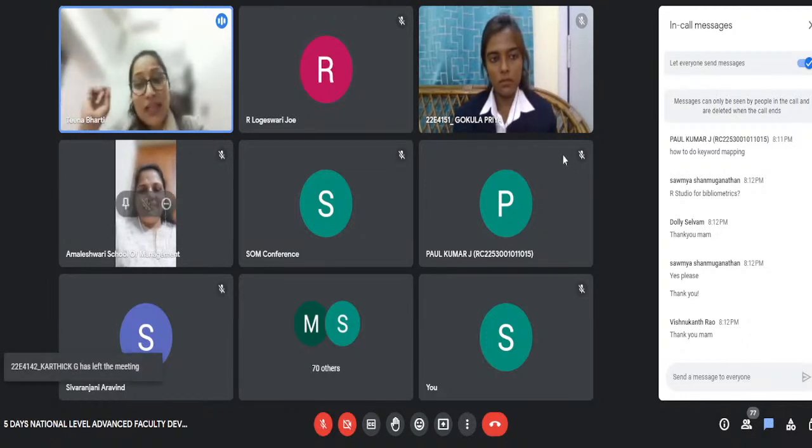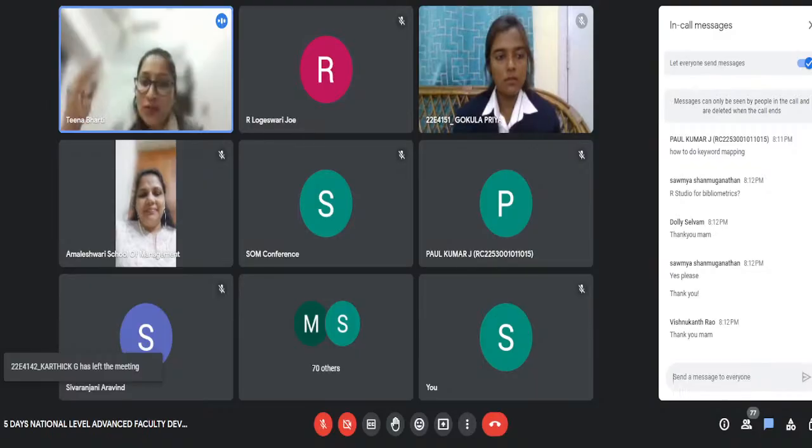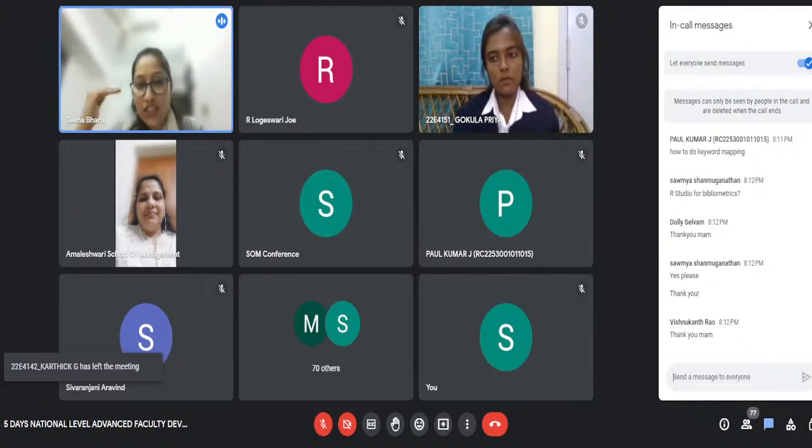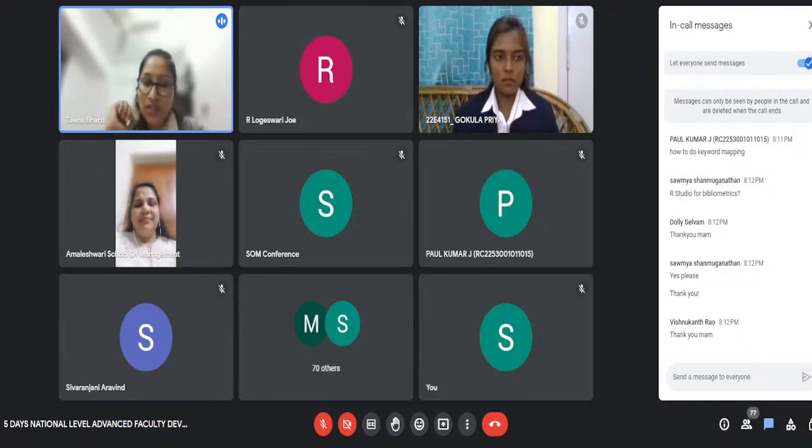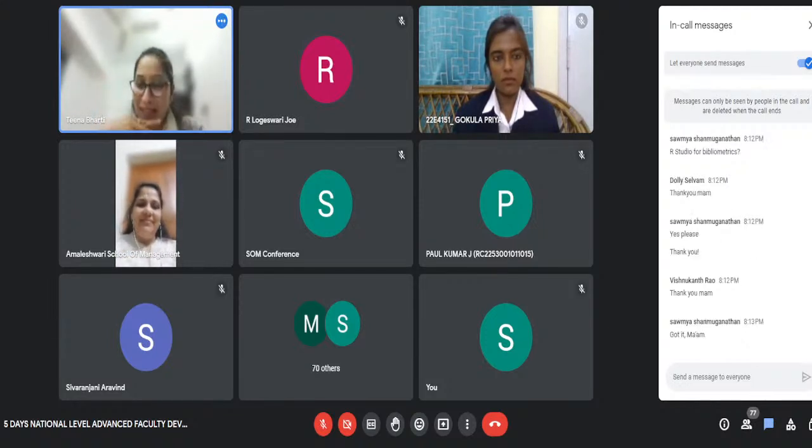But the only thing is that everything has to be done manually, so you have to create the entire data sheet by yourself. Then only it will process the information. There is no shortcut for that, right? The way Scopus and VOSviewer have helped us, that won't be there.